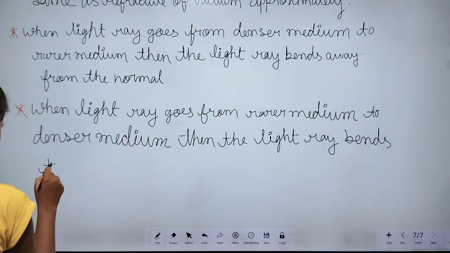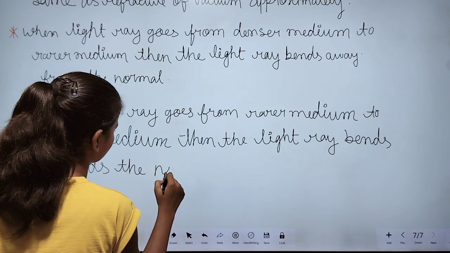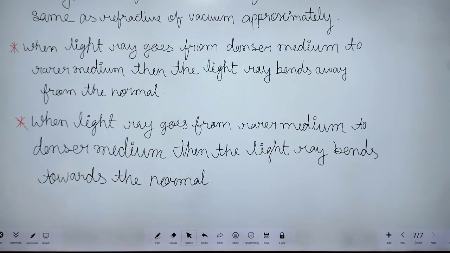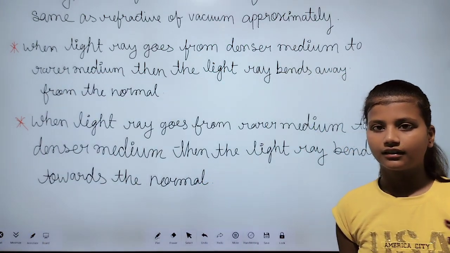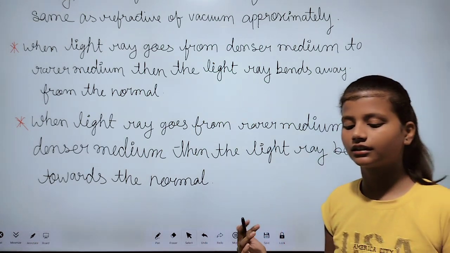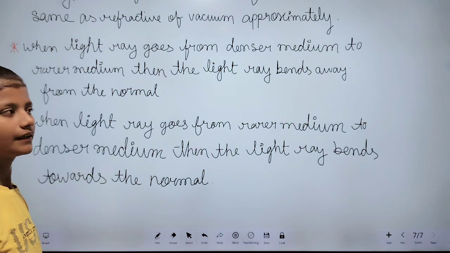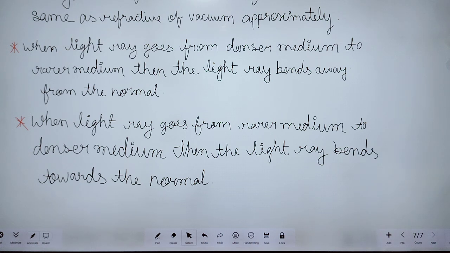When the light ray goes from rarer to denser, the light bends towards the normal. When the light ray goes from denser to rarer, then the light ray bends away from the normal.